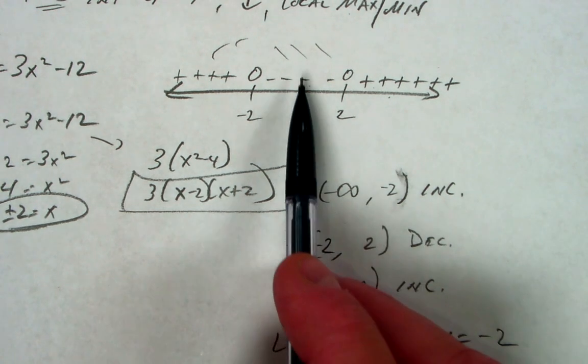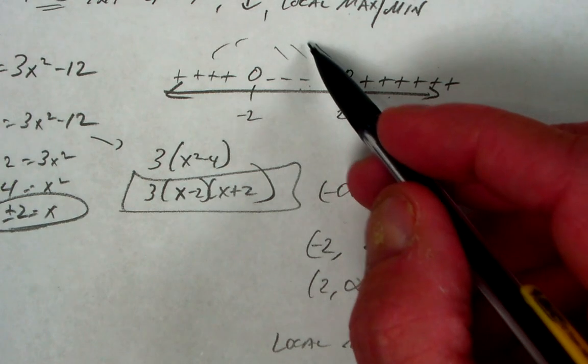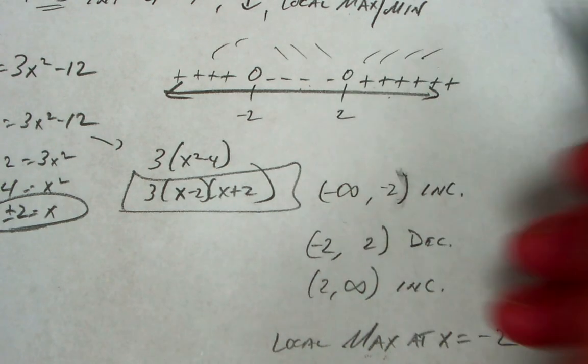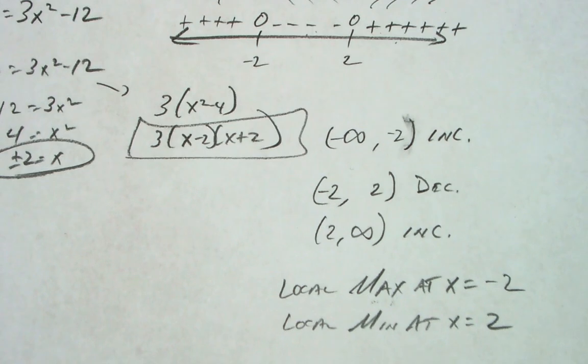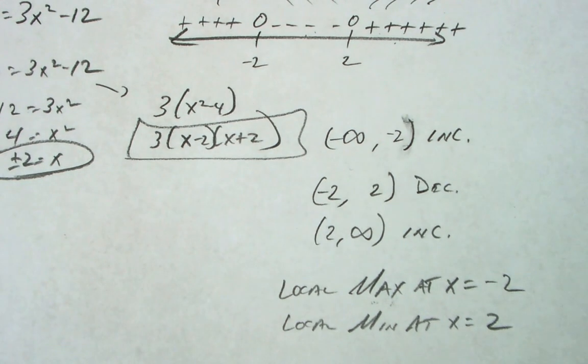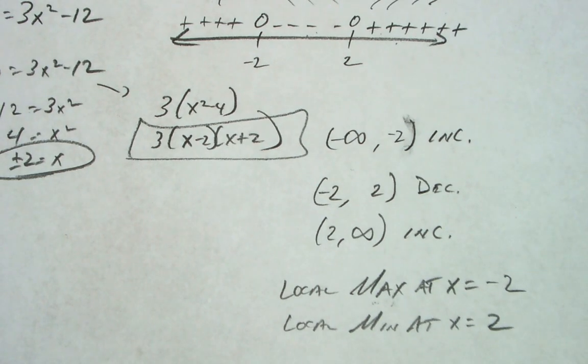It's got a local minimum at 2 because it was going downhill, and now it's going uphill. And if we wanted to find what those maxes are, we just plug them in. I'm not going to waste your time doing that. So that gives you enough to do your homework successfully.